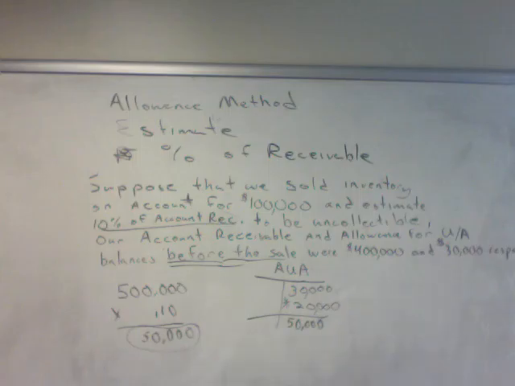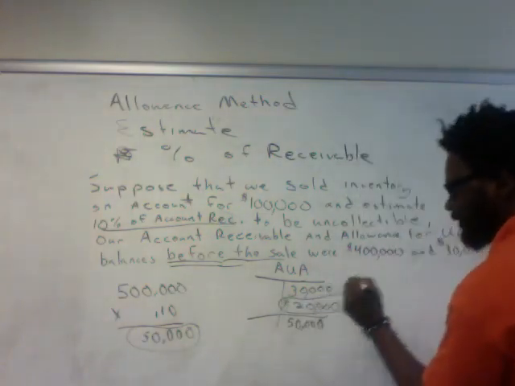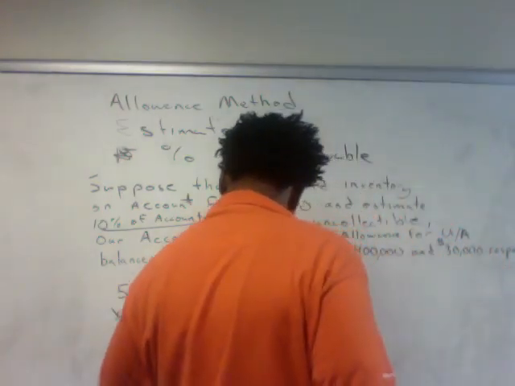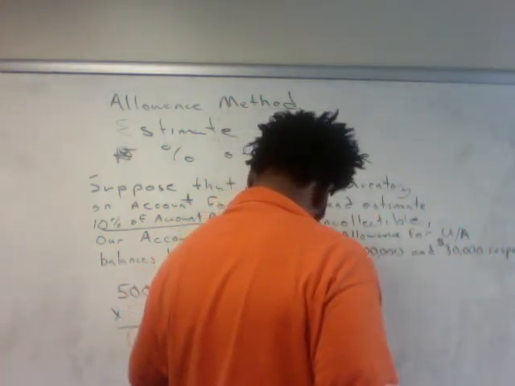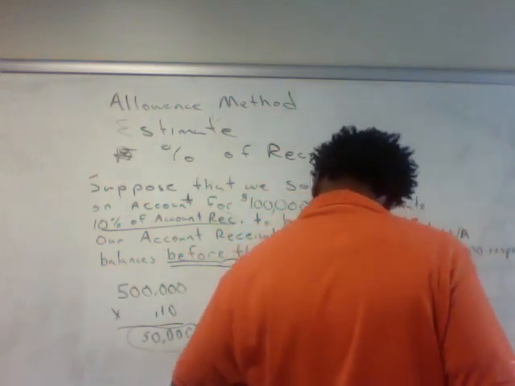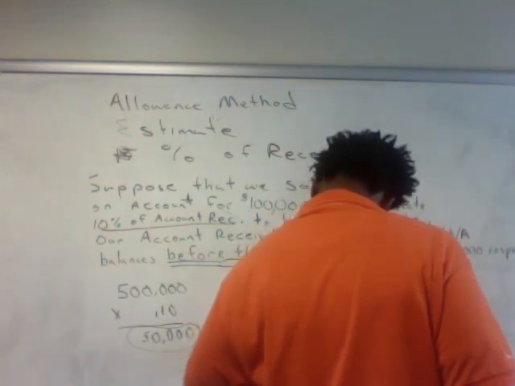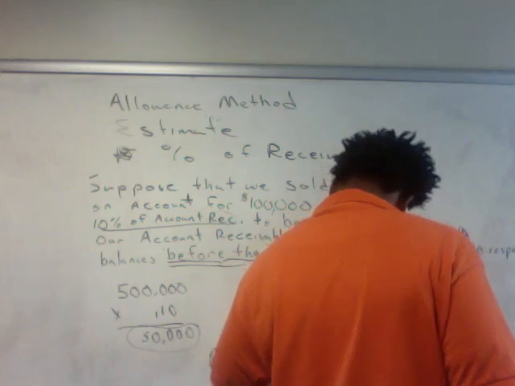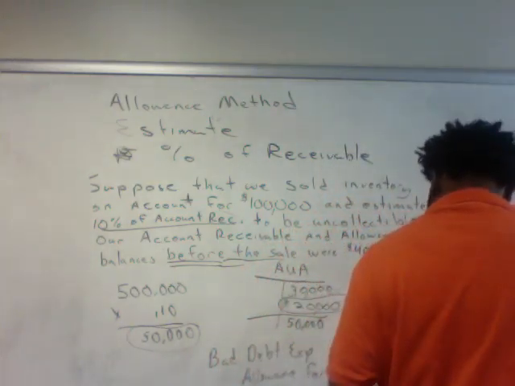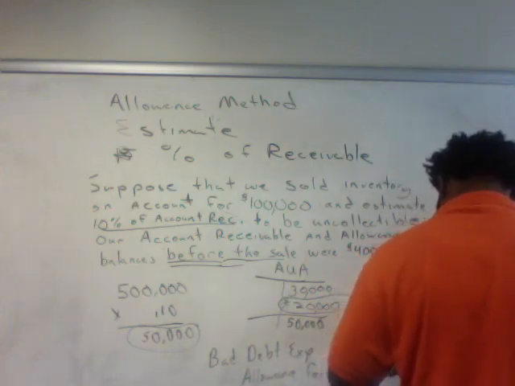So that's the amount that's going into your journal entry, when you debit bad debt expense and credit allowance for uncollectible accounts: $20,000, not $50,000.